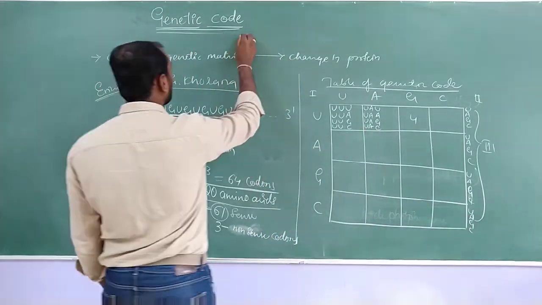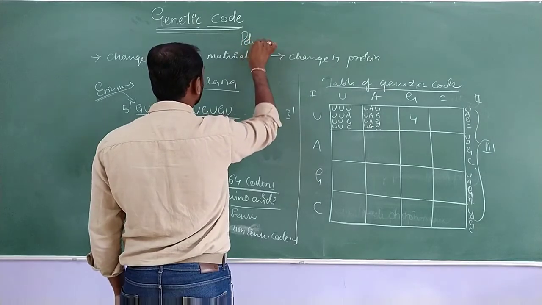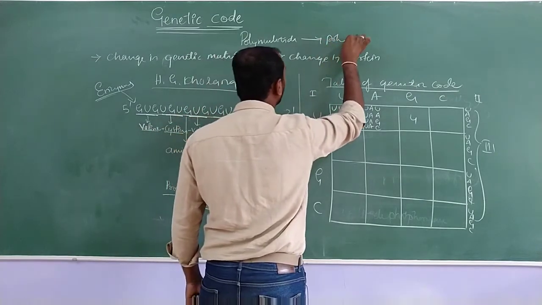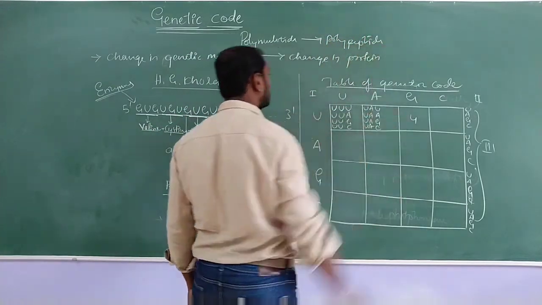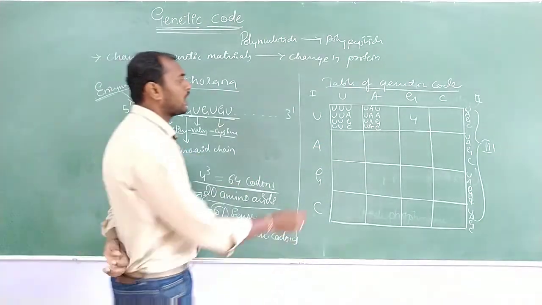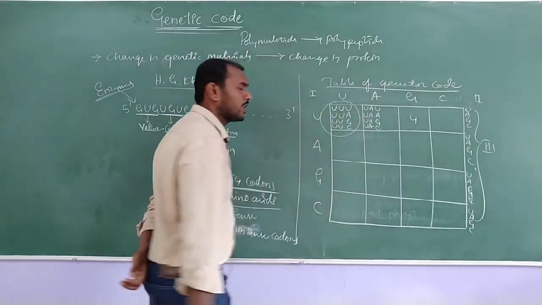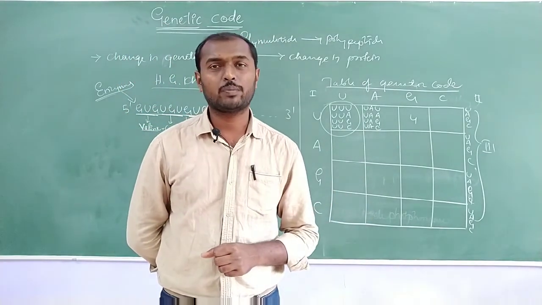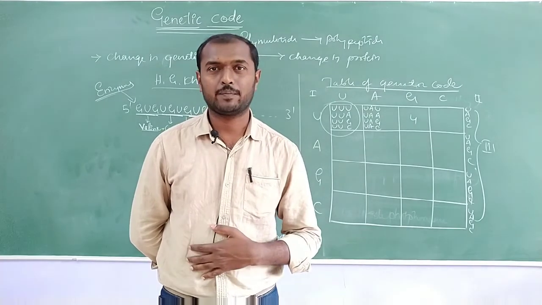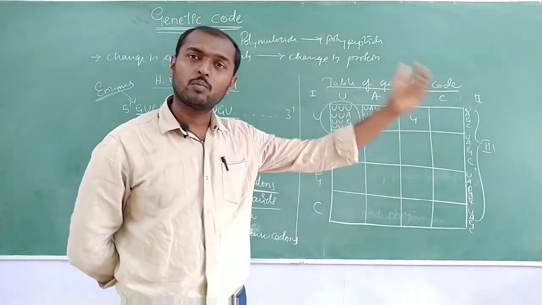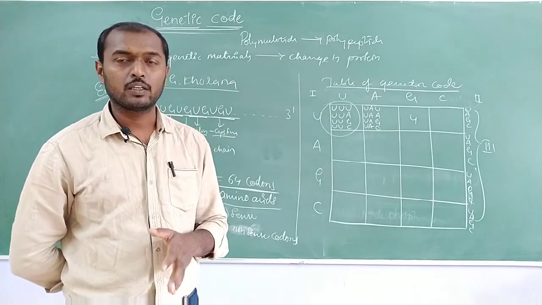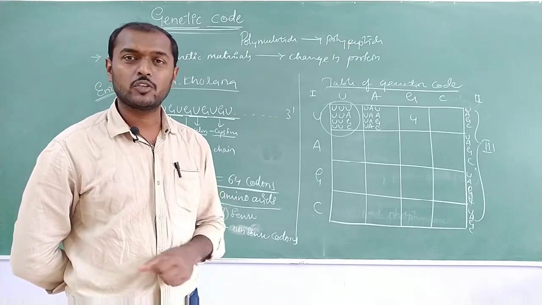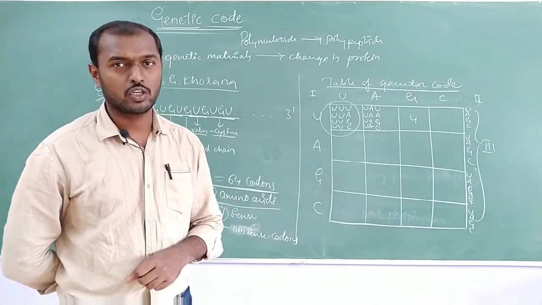So I am repeating, from polynucleotide to polypeptide, we have to have the genetic code. So the genetic code helps us to transfer the information from the polynucleotide to the polypeptide. Got it? This is regarding the genetic code. So in the next session we are going to study the salient features of genetic code. Thank you.